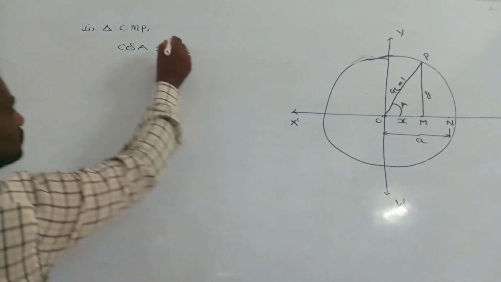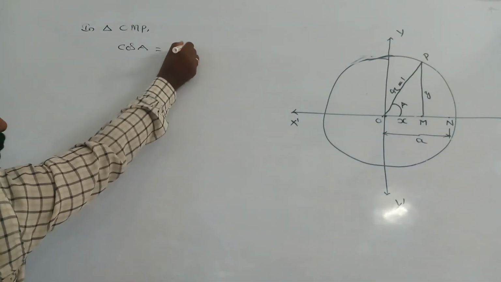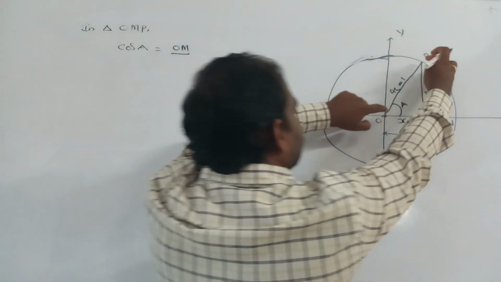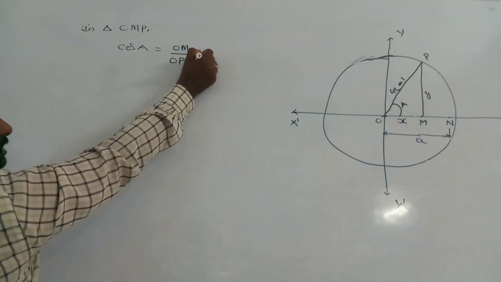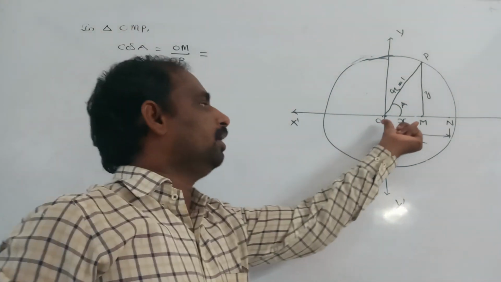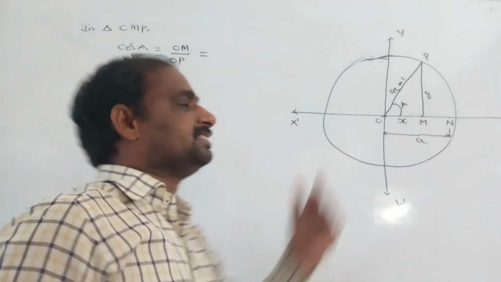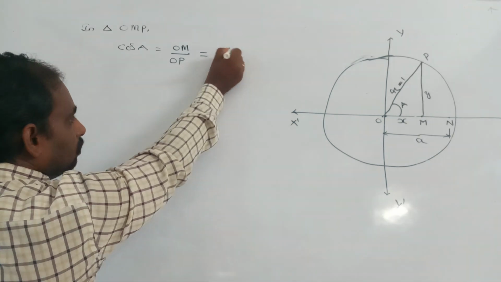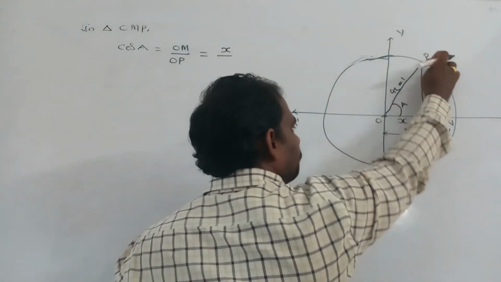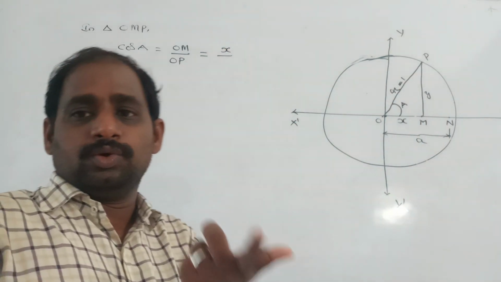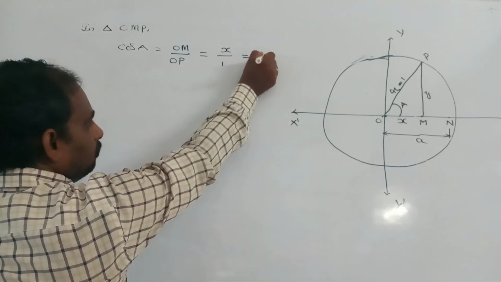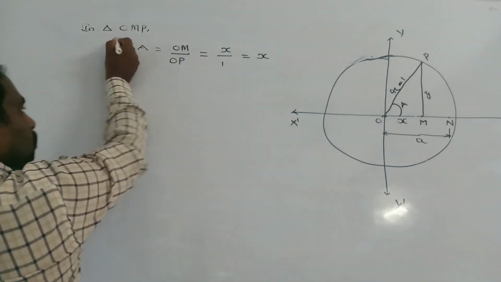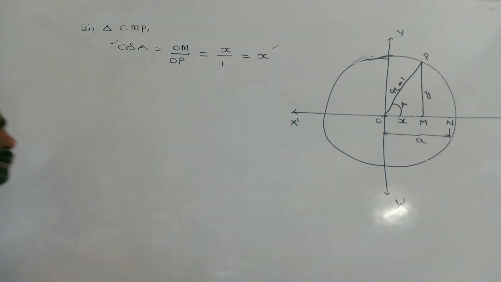Adjacent side is OM, by hypotenuse OP. OM, as I told, is considered as X. OP, from O to P, is the radius. I told you it is a unit circle, so the radius is equal to 1. That is equal to X. Therefore, cos A is equal to X.